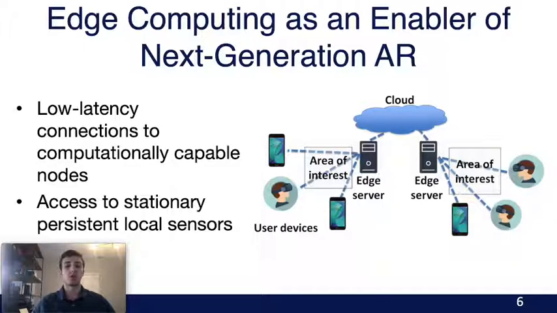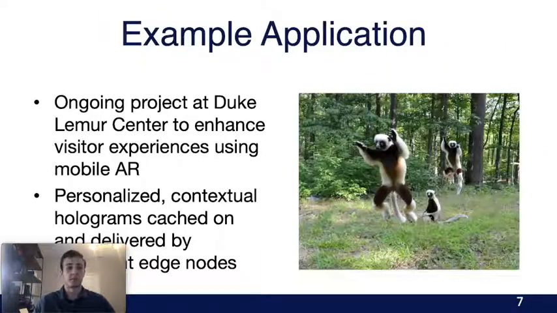With edge and fog computing, the servers being located closer to the end user will actually reduce computation delays. It will also allow us to access some local sensors in the area that will provide more information about the user, such as user location, and that will allow for a more meaningful AR experience.